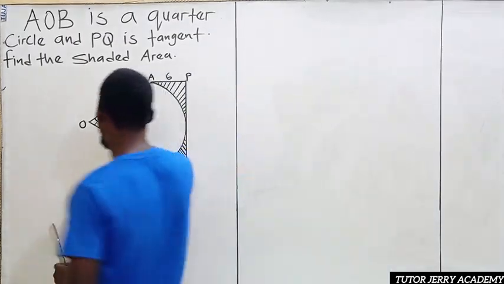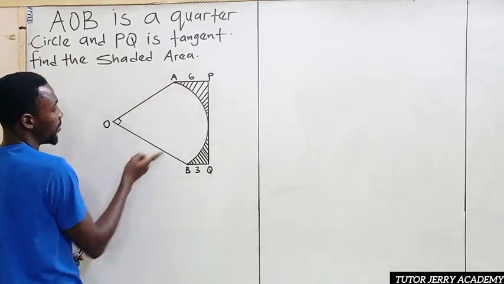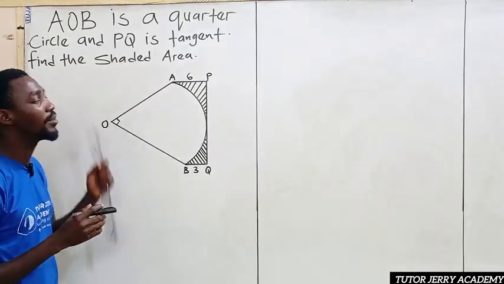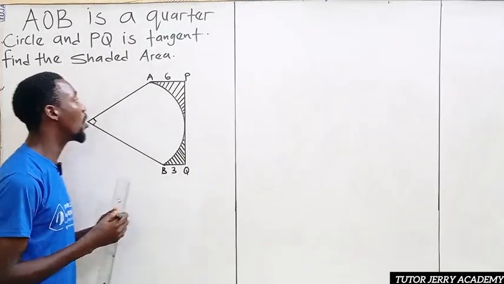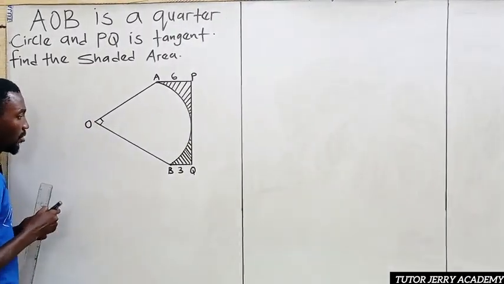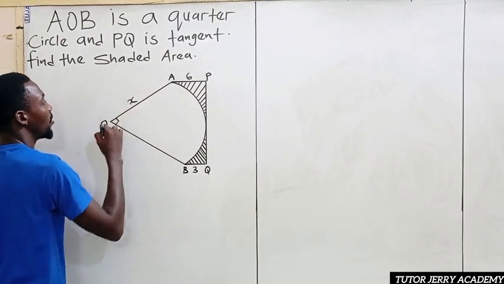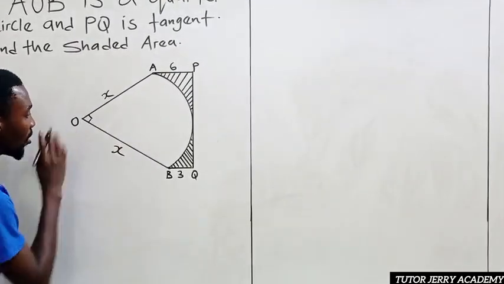If I put my compass and draw this arc, all of this is going to be a radius. We are not given the radius of this quarter circle, so let's call our radius S. Let's name this point S. If this point is S, this point too will also be S.